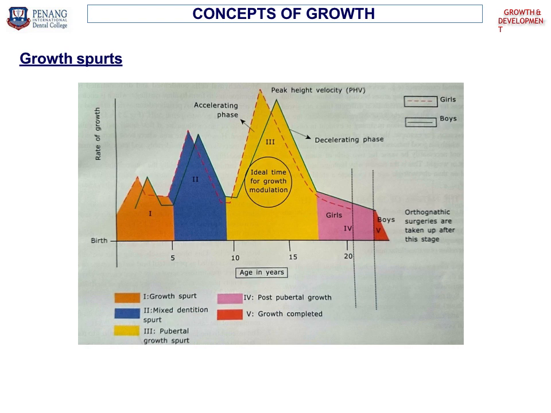If you look at these, there is a dotted line which represents females and a continuous one which represents the males. So it is the females who always lead. And then there is an era where there will be no growth left and you can plan orthognathic surgeries with surgeons, of course. And this is the time we'll plan our functional appliances to grow the jaw bones.